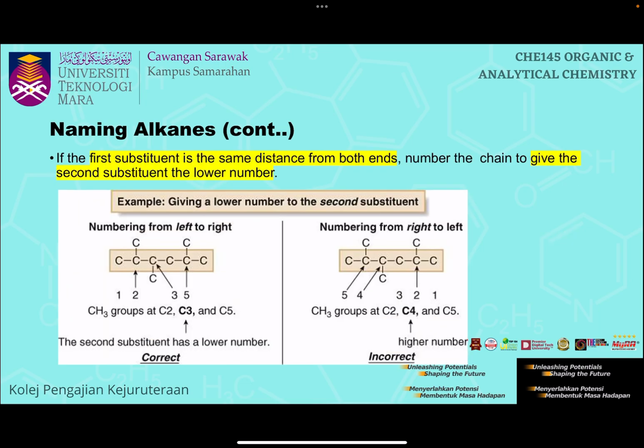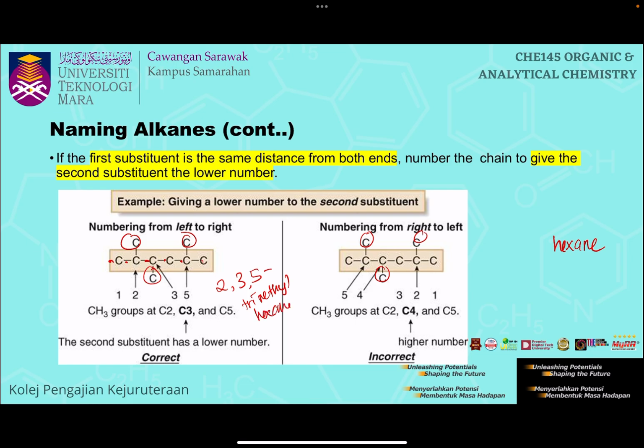If the first substituent is the same distance from both ends, number the chain to give the second substituent the lower number. So in this case you got 1 2 3 4 5 6, so you know that 6 is hexane already. If I follow this one, 1 2 3, this will give me 2 3 5 trimethyl hexane.